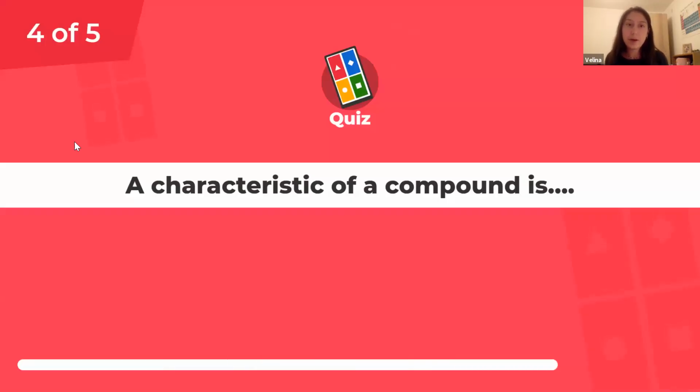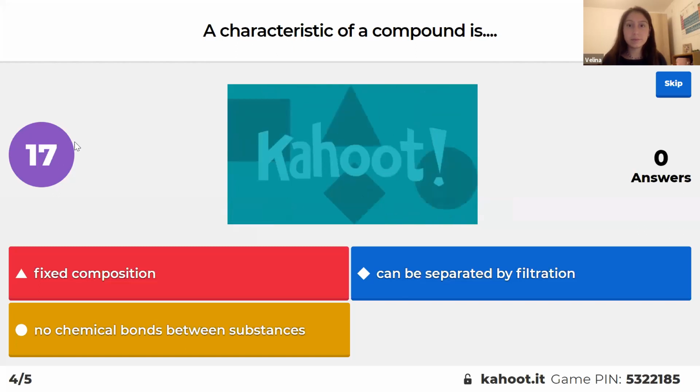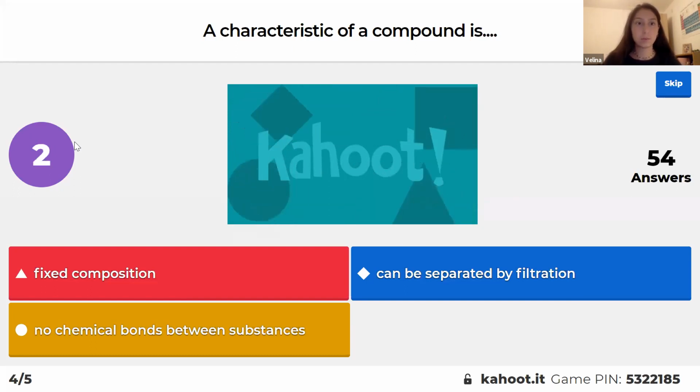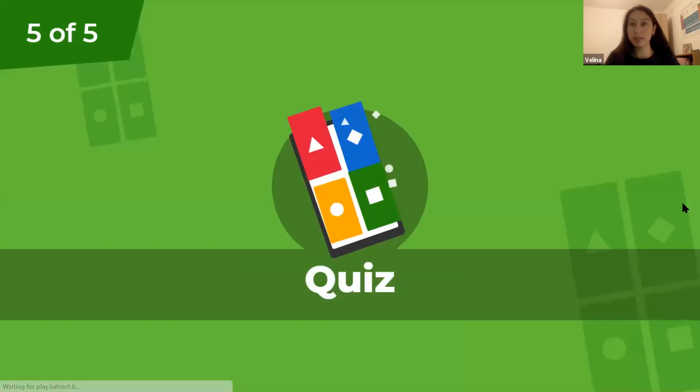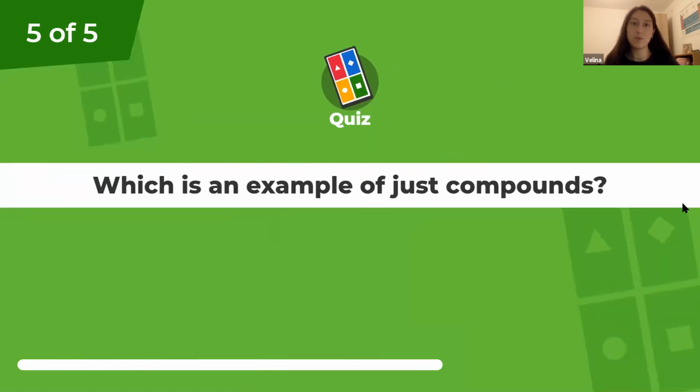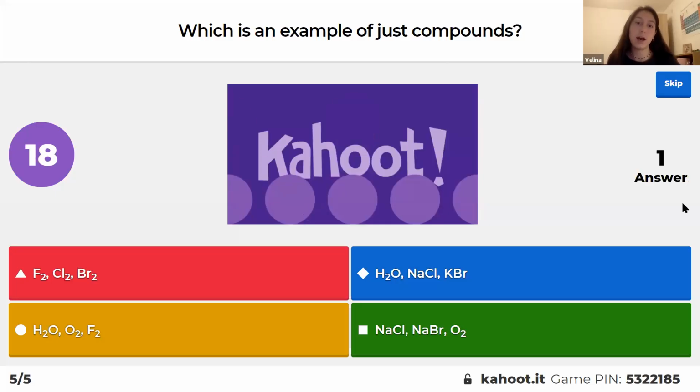The characteristic of a compound is... Oh, that's a question. Yeah, well done. Whoever answered it is correct. Sophia's keeping her place at the top. Well done. So which is an example of just compounds? Which of these have just compounds in the answers?